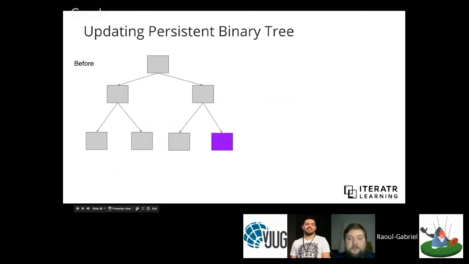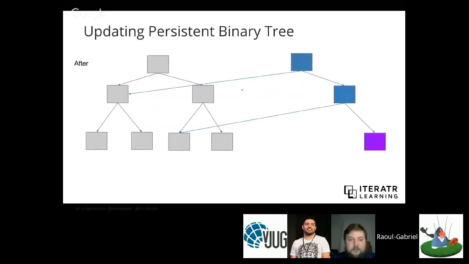But if we'd like to fetch this node here at the bottom right, we only need to do 2 accesses to get to it. So if we'd like to modify this element, again, what we need to do is to copy all the nodes leading to it and link those back to the first version of the data structure. So we don't have to copy 8 elements here, we only need to copy 3 of them.